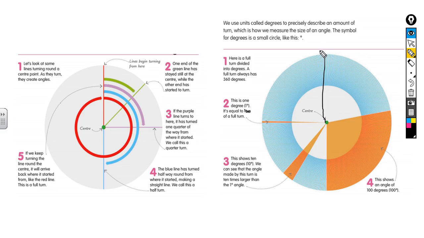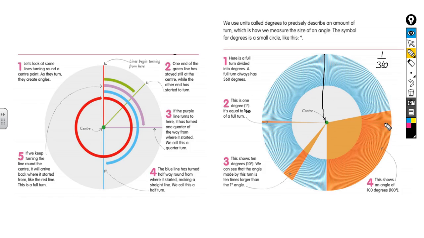So there are 360 degrees in a circle, or one full turn. And each one of these little sections is the same as 1/360. Okay, because there are 360 equal size parts in this one circle, this one turn.